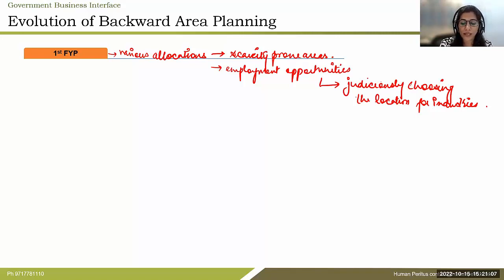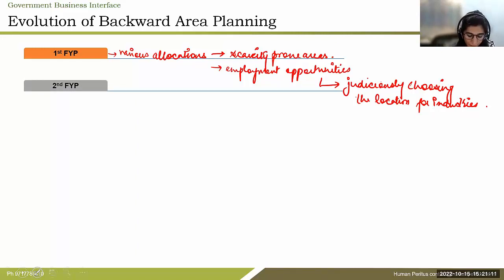All right. Next plan, which is the second 5-year plan. What happened under the second 5-year plan? Under the second 5-year plan, basically, there was establishment of large industrial complexes in the mineral-rich backward regions. The regions were rich in minerals, but they were overall backward.